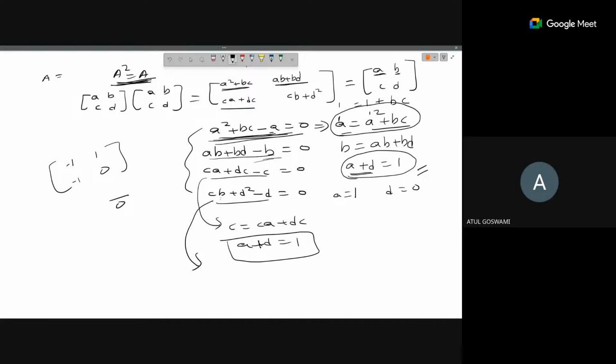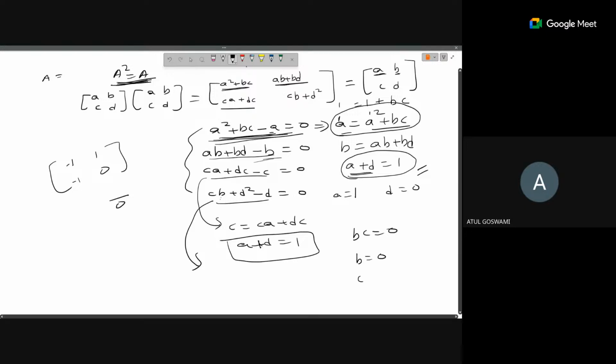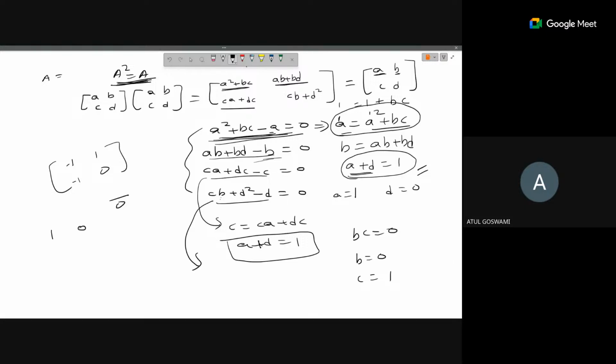And then A is 1, then this condition will give B C equals to 0. In that case, any one of them is 0. So B is suppose 0 and C is 1. So now what matrix do we get? A is 1, B is 0, C is 1, and D is 0.